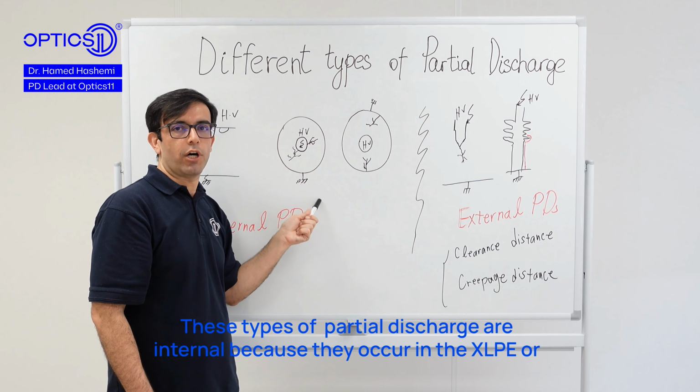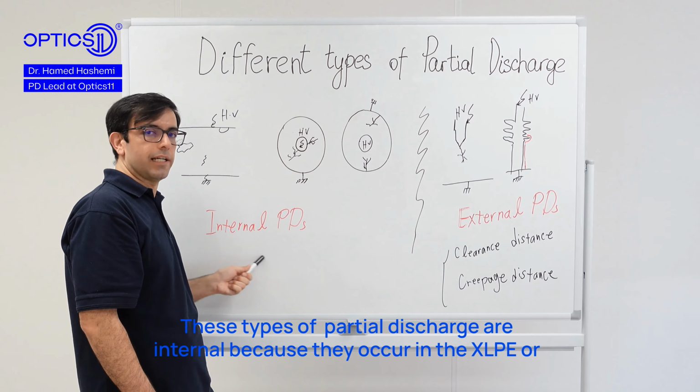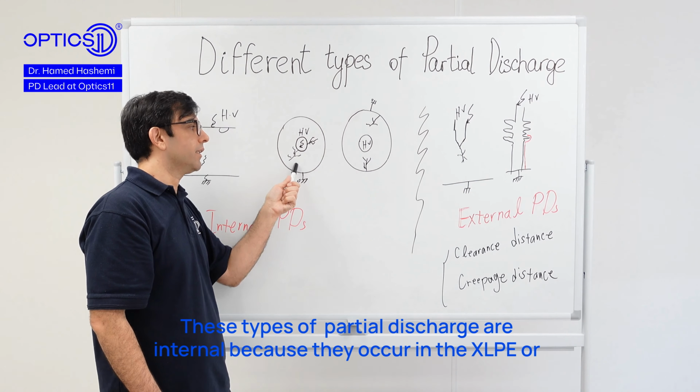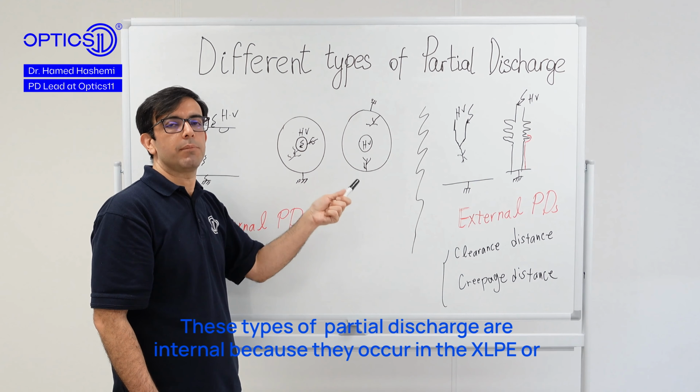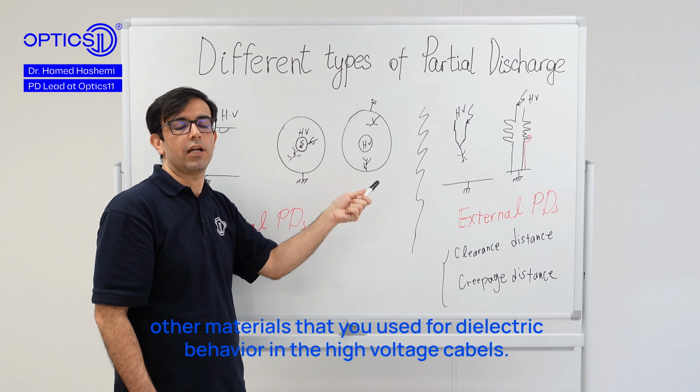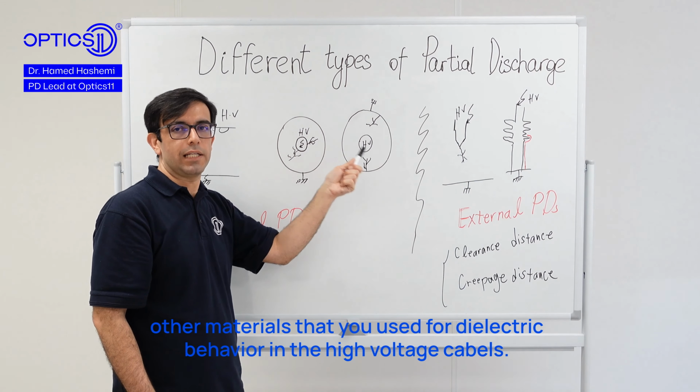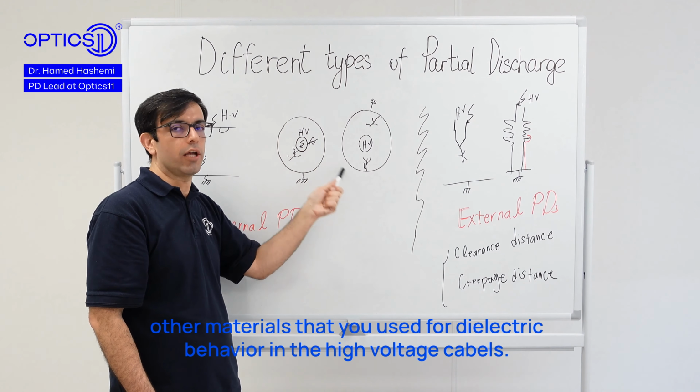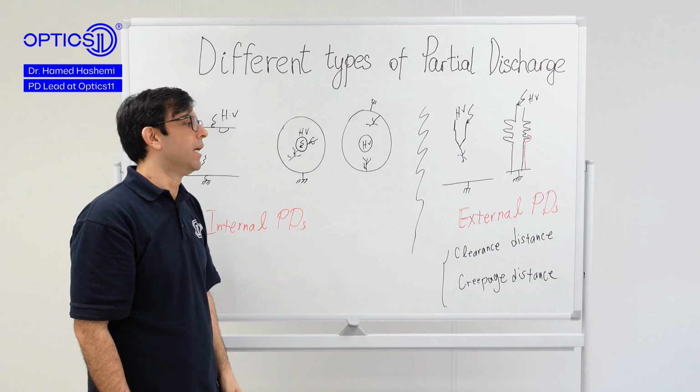These types of partial discharge are internal because they occur in the XLPE or other materials that you use for dielectric behavior in the high voltage cables.